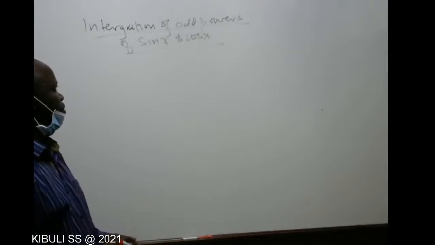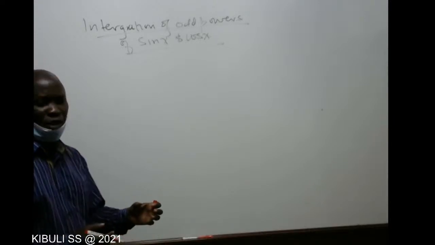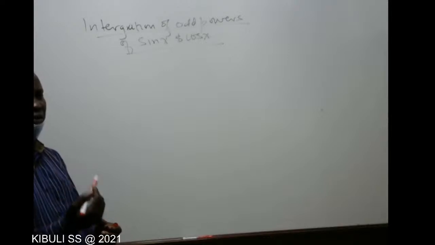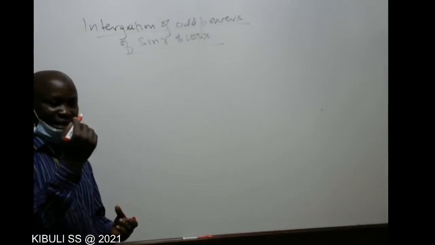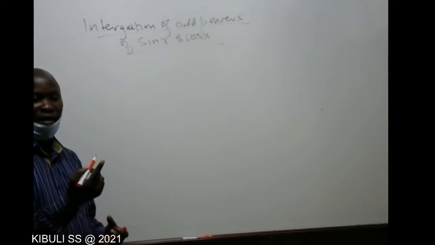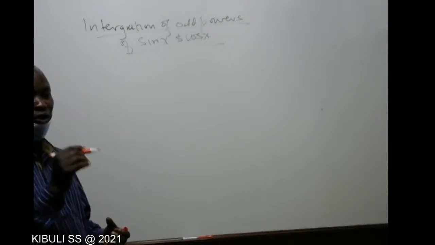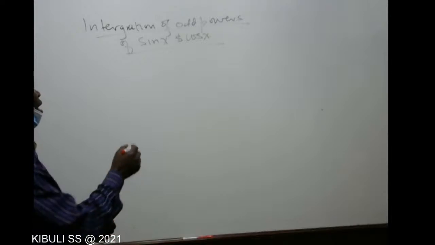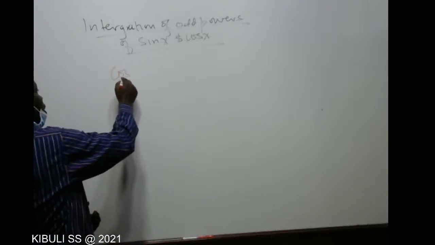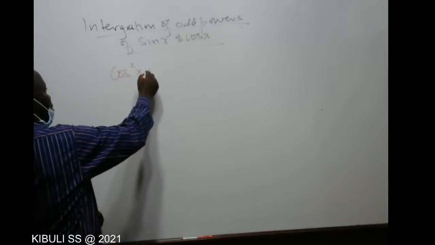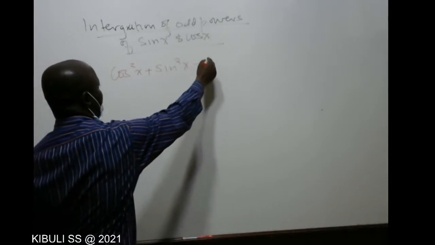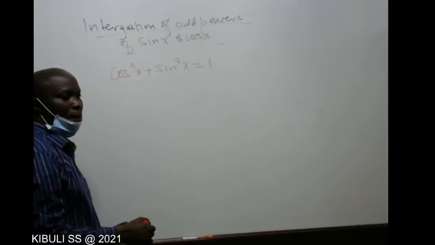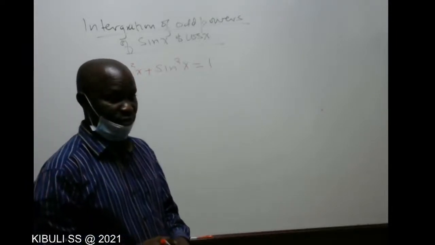What is Pythagoras theorem? As far as calculation is concerned, Pythagoras theorem is basically identity number one. Our first identity in trigonometry is called Pythagoras theorem, and that is cos squared x plus sin squared x is equal to 1.